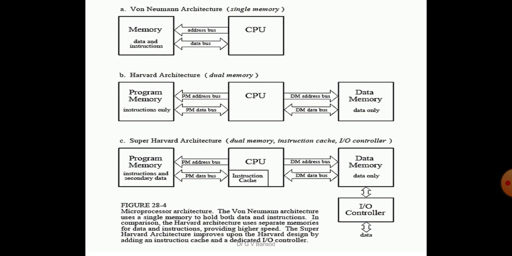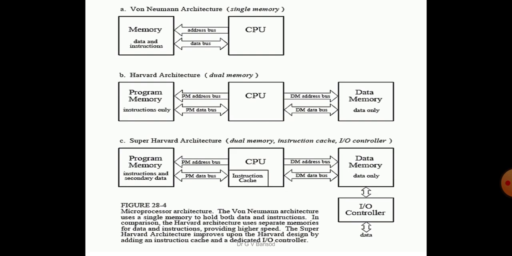While in Harvard architecture, there are exclusively address and data bus for the program memory and address and data bus for the data memory. So there will be separate mechanisms to handle the program memory and to handle the data memory in Harvard architecture.